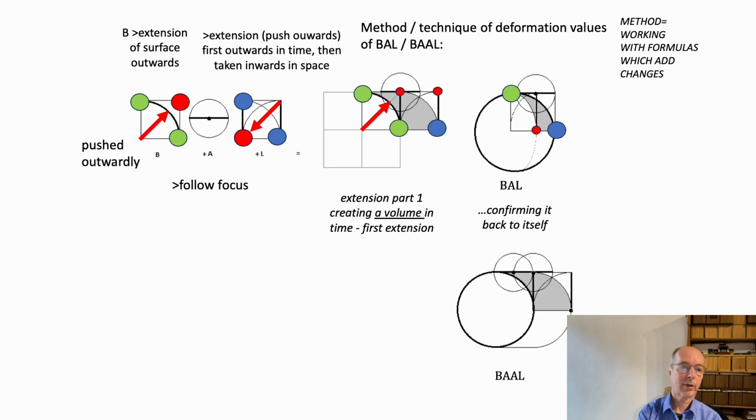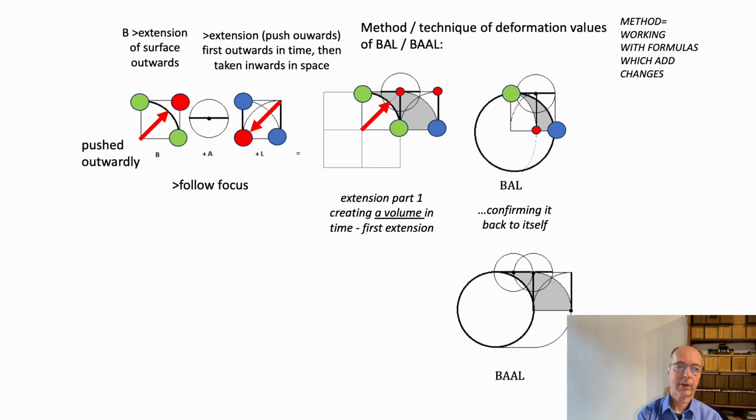So in the word BAL, for instance, which is a ball, literally, you have the B where the form is pushed outwardly, the A, which always simply follows the main focus, and the L will have a movement outwardly and then take it back inwardly.